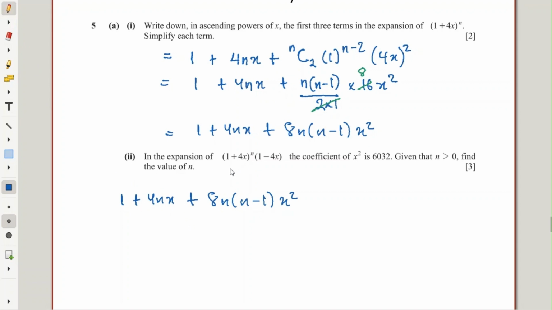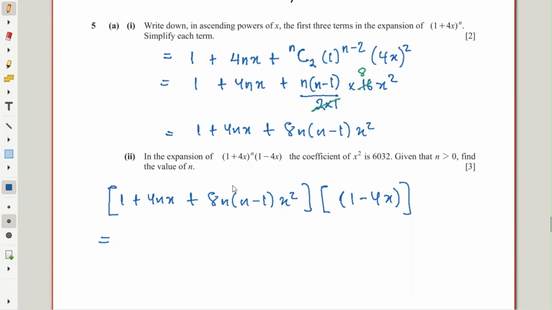So don't forget that this expression, you have expanded it and you have gotten this one, right? Now it's multiplying 1 minus 4x. You are interested in the coefficient of x squared.